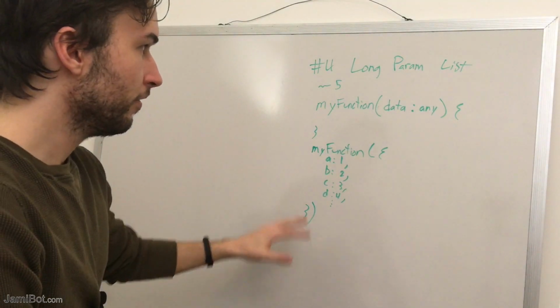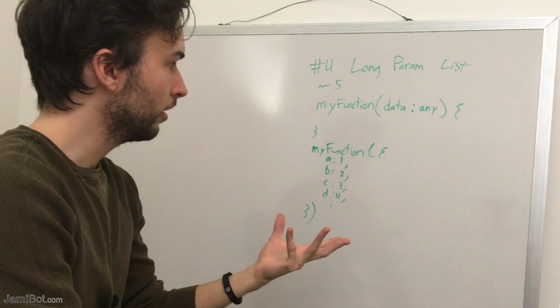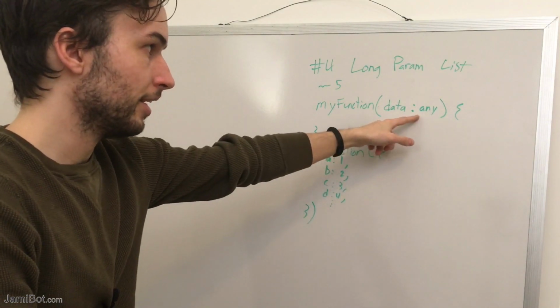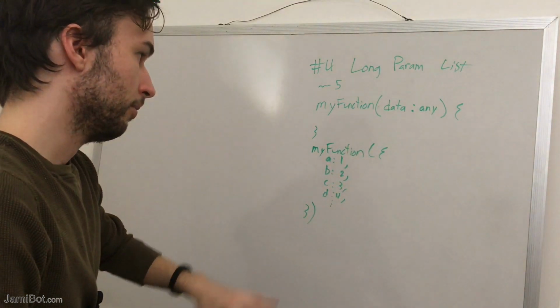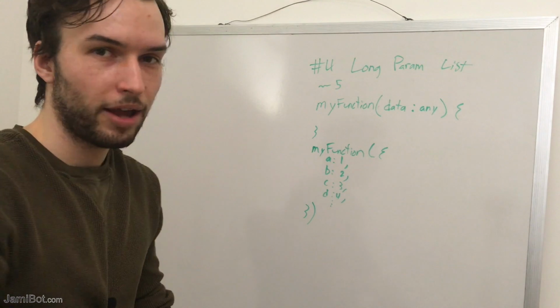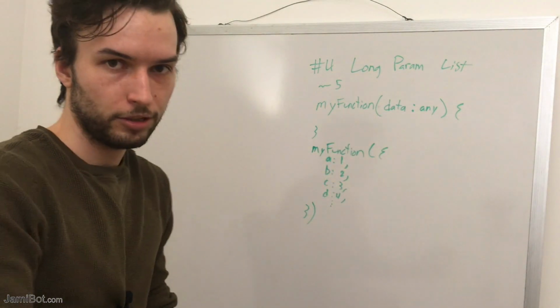All right, and if the data that my function is expecting ever changes, then I have the option of using this any type so that the callers of my function are more flexible. They don't have to pass the data if they don't want to. Maybe all of the data is not mandatory.